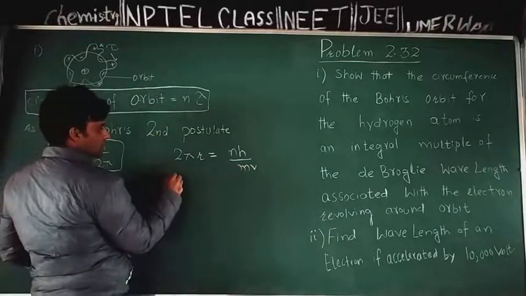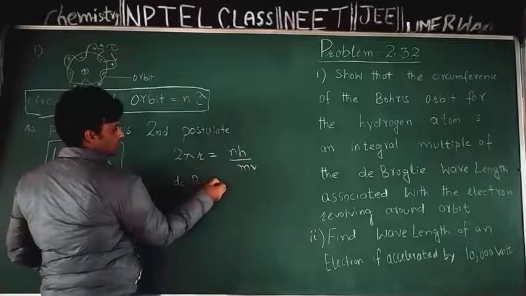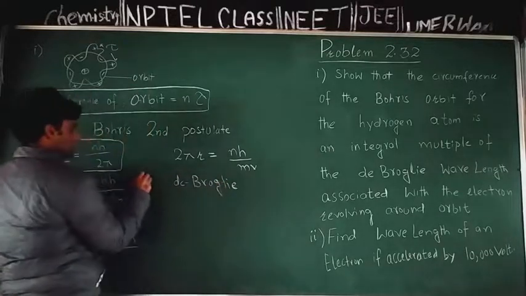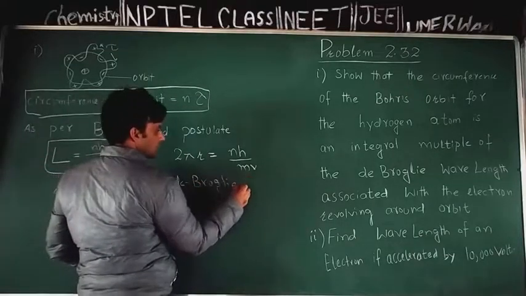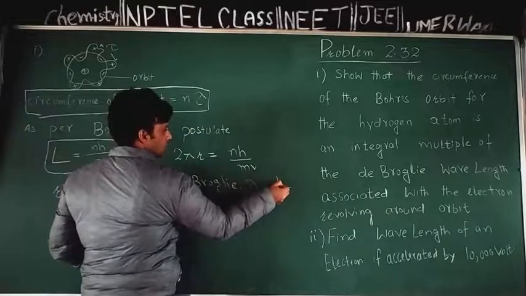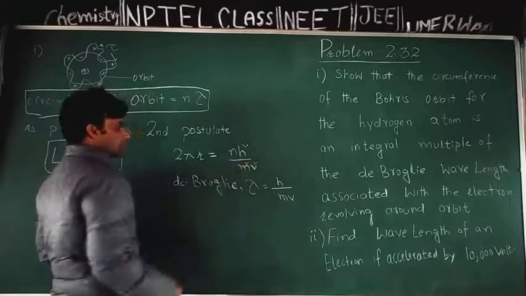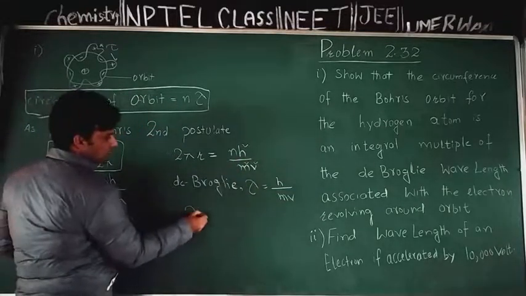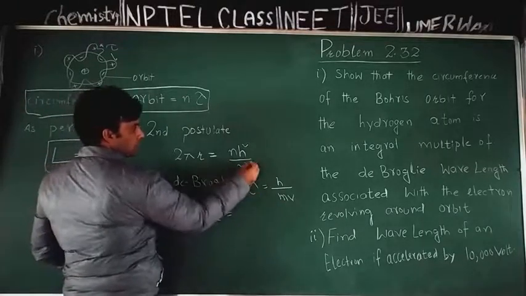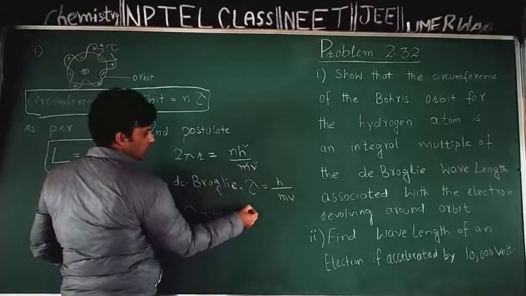Now as per de Broglie, de Broglie's wavelength is given equal to h by mv. So instead of h by mv, I will substitute lambda. I can write 2 pi r is equal to n, and instead of h by mv, I need to write wavelength of electron wave, lambda.